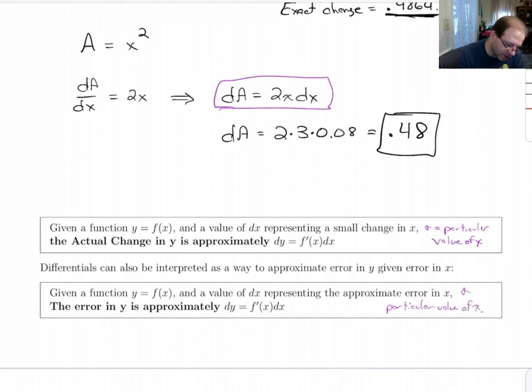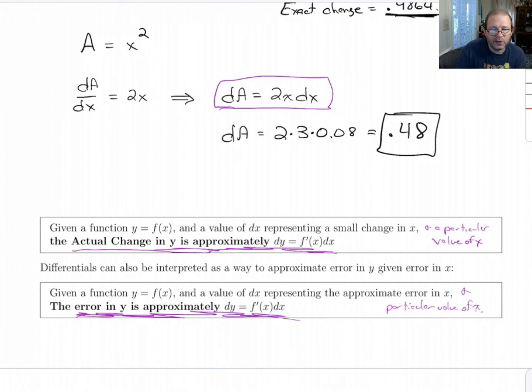Both of these, the error in this case would be approximately this, and up here the change in y would be approximately this. So I want to do some examples, but I'll save those for the next video.